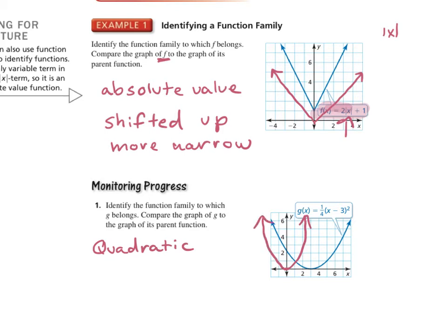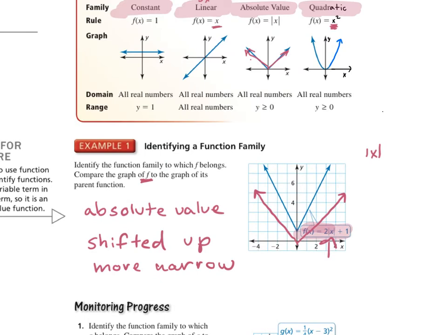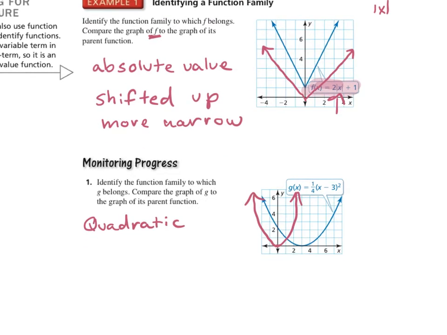Wait, how do you know it looks like that? We'll graph it in the next couple examples, but we can see here that it looks like this. It'll be easier to compare in the next couple of examples as we go on.